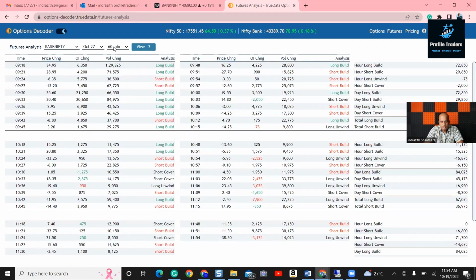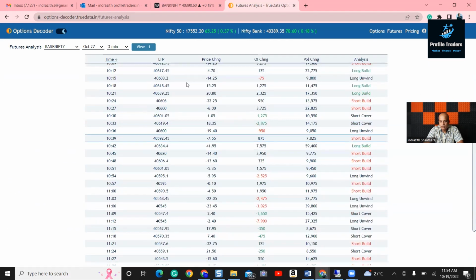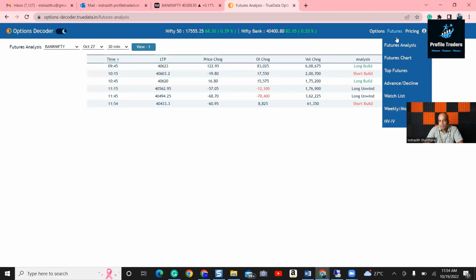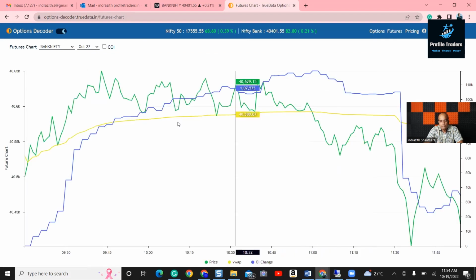So this gives this information for Bank Nifty. Okay, if I go to view 2, it is very clear. If I go to 30 or 60 minutes, it gives everything that's happening in futures. So first, initially 30 minutes long build happened, next 30 minutes short build, long unwind, short build. It happens like this.